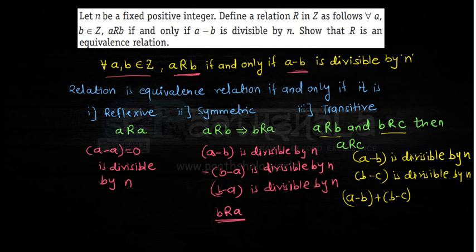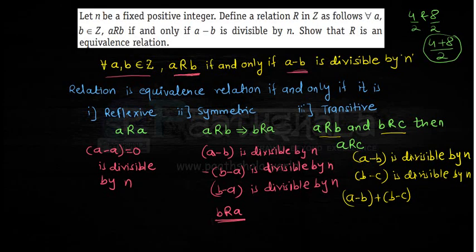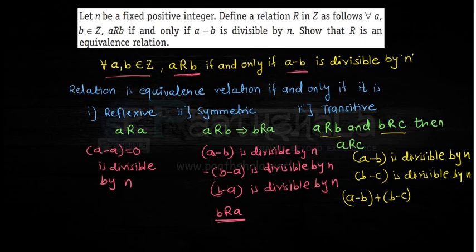If we say 4 and 8 both are divisible by 2, and we add them and divide by the same number, then the sum is also divisible by 2. So it means that a minus b plus b minus c is also divisible by n.